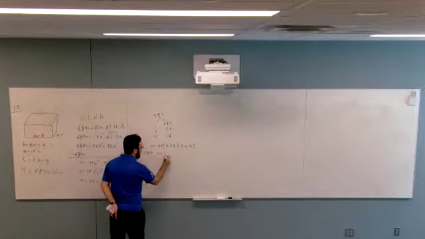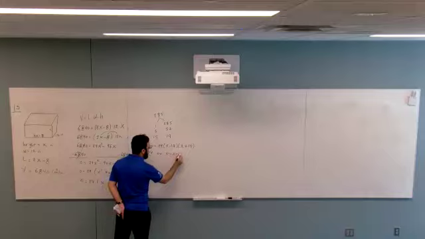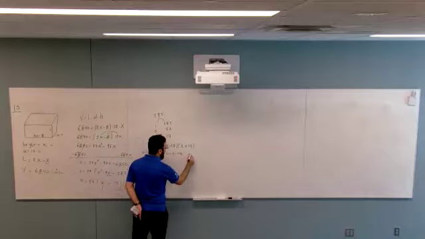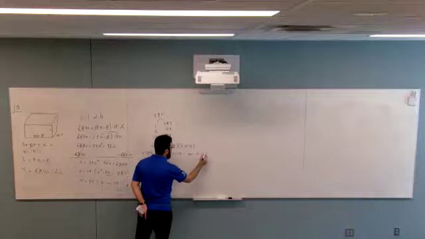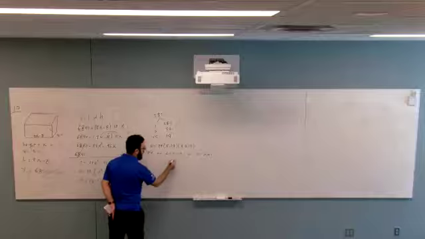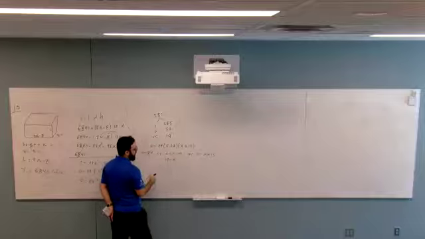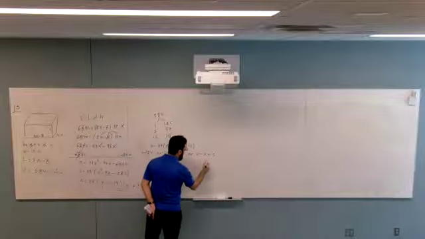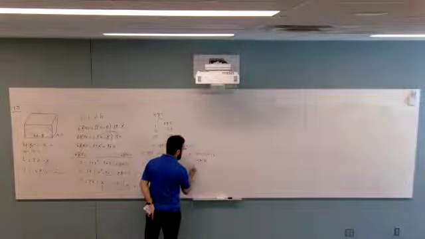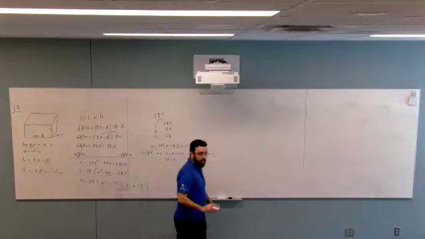Or 0 = x - 19, or 0 = x + 15. Now we're going to solve this one. x = 19. What about this one? Minus 15, so it's going to be x = -15. Is that okay so far?